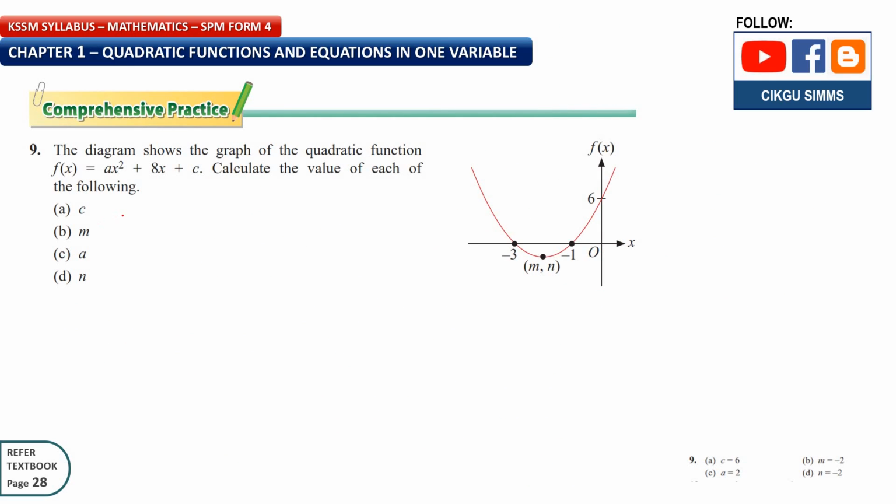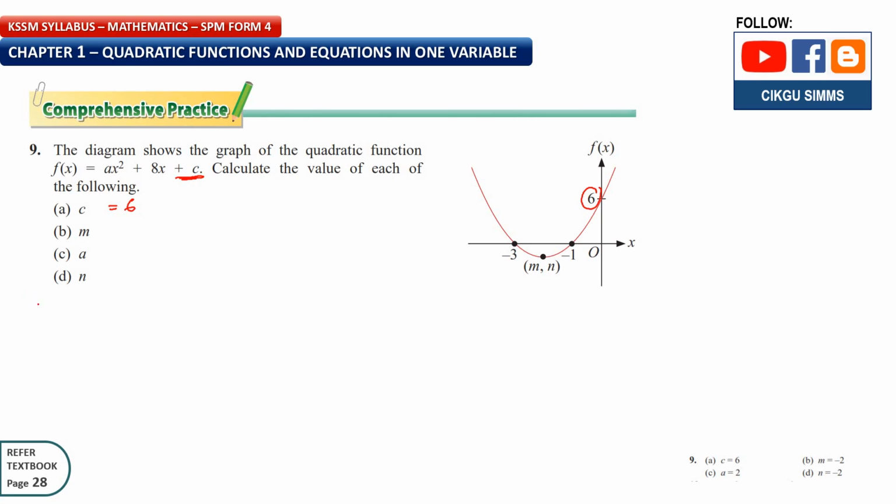Okay, question 9. The diagram shows the graph of the quadratic function. Calculate the value of each of the following. Okay, you're finding c. Okay, you know c is the value of the y-intercept. So c will be 6.